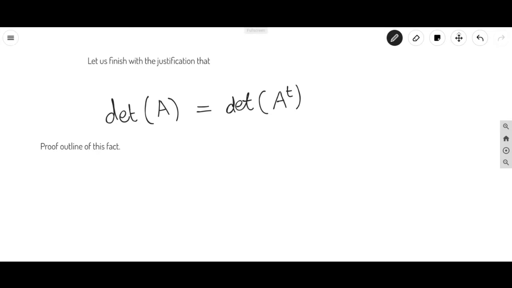But, okay, so we can assume A is an invertible matrix, because otherwise the left-hand side and right-hand side are equal to 0 anyway. If the matrix is not invertible, then its transpose will not be invertible. And then this is 0 and that is 0, and then you're done. Okay, so you can assume the matrix is invertible.